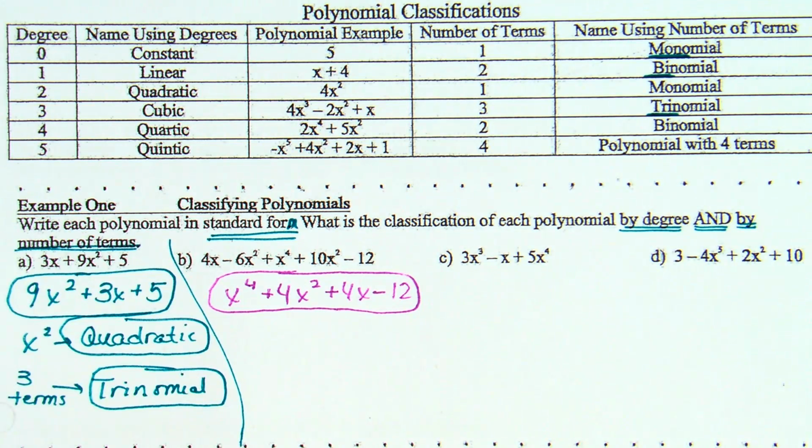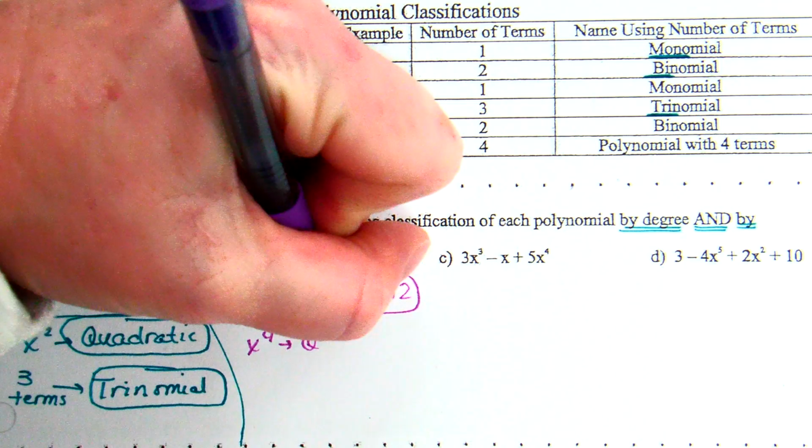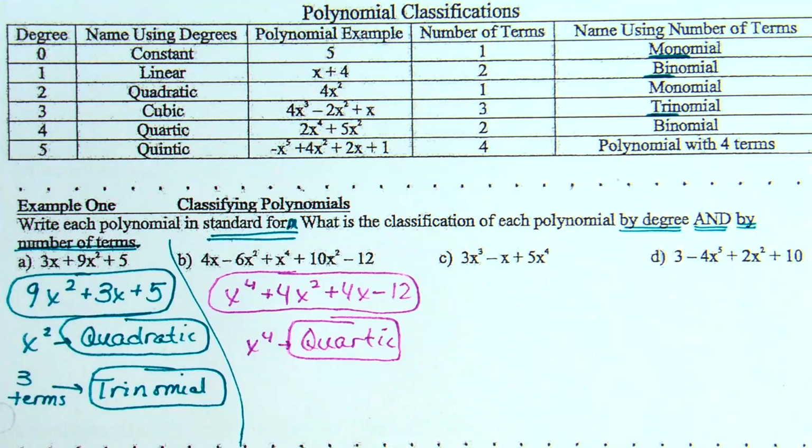Okay, how do you want to name this based on degrees? Highest power is x to the 4th, and that makes it a quartic. And then we reduced it to 4 terms, but that's as far as we can go.